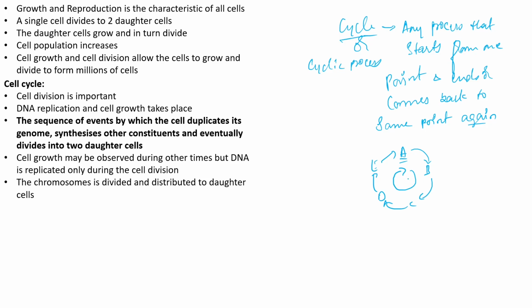Such a process we generally refer to as a cyclic process. So the cell cycle is basically a cyclic process, and it will be repeating again and again. In the same way, cell division is an important process.